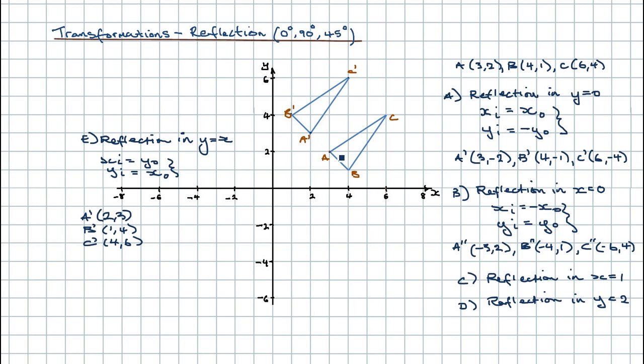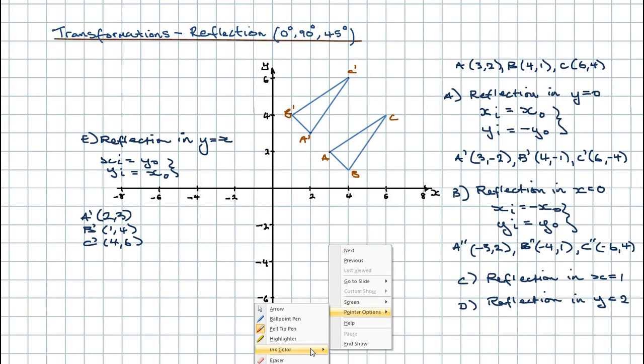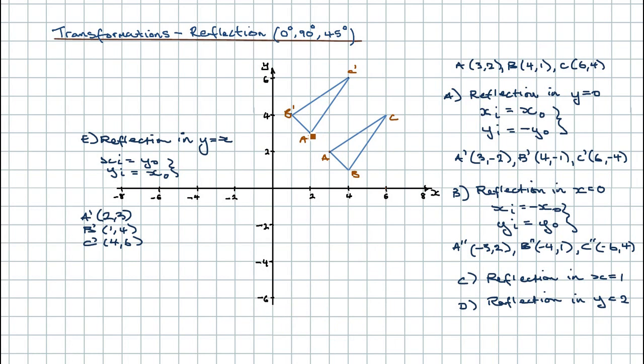But I'm going to suggest another method, which is what if we use the idea of vectors. So instead of going directly across from A to A prime, let's go in the opposite direction, A prime to A. Then how do we get from A prime to A? We would go along, let's use brown, we would go along in the positive direction, 1, and down in the positive direction, 1.